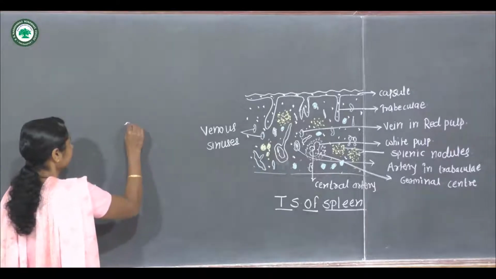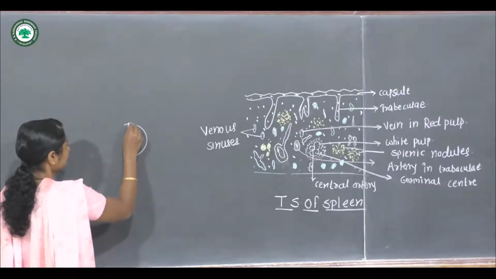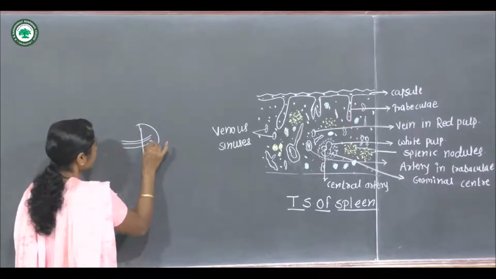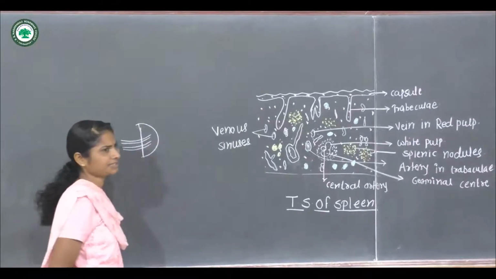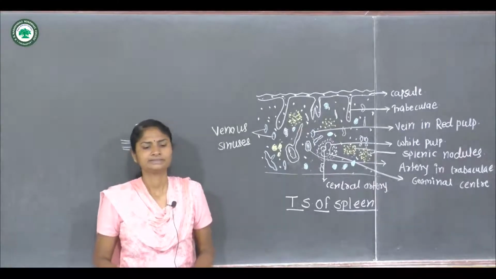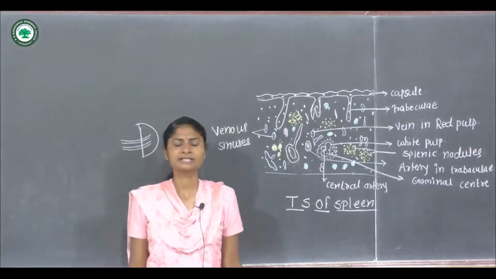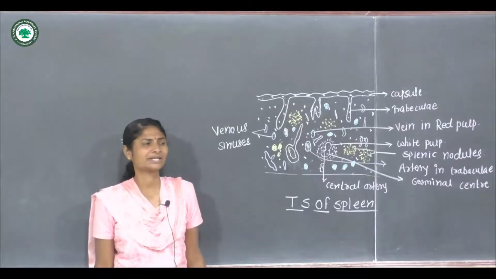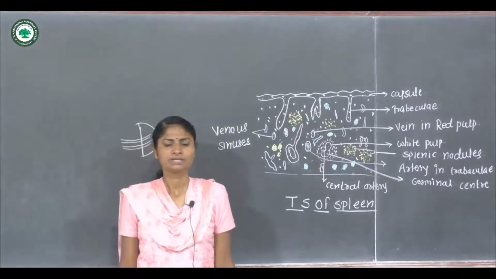In the middle region of the spleen, the hilum is present, and through the hilum the splenic artery enters the spleen. The hilum is where the major blood vessels enter and leave.